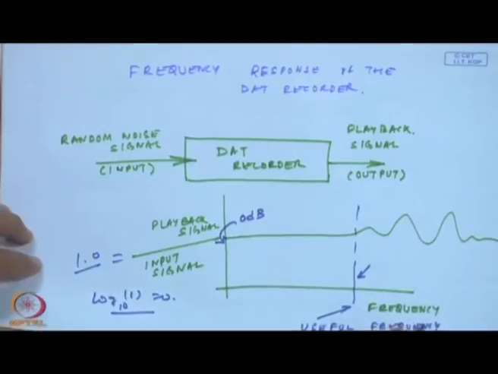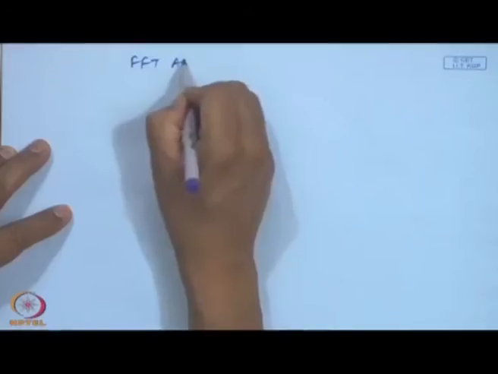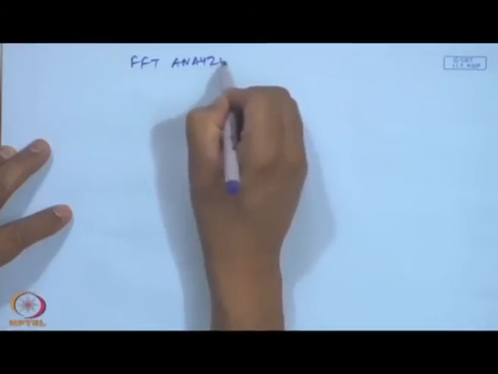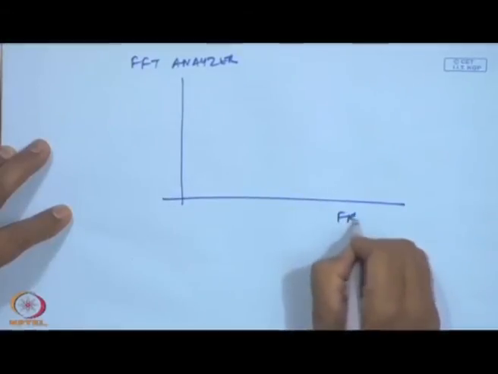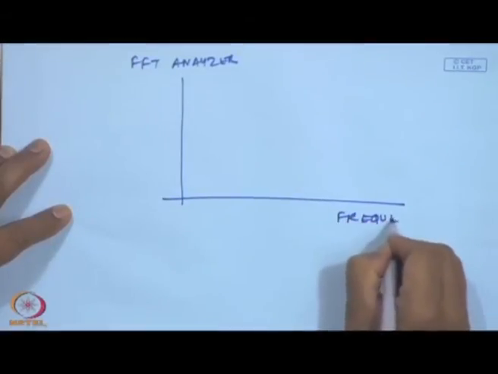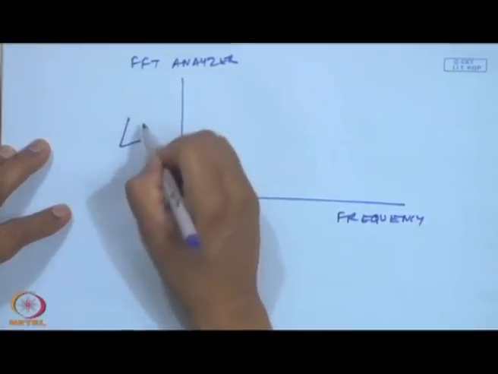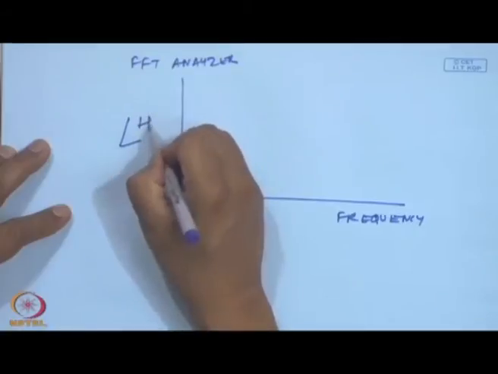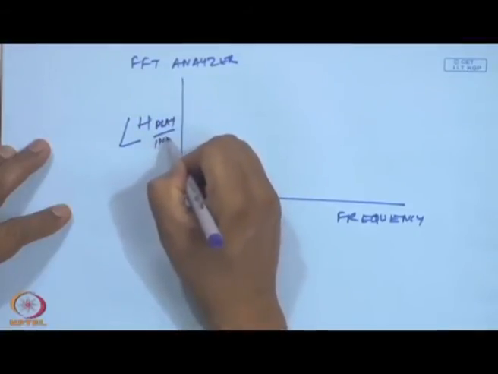A researcher does not always do this check, but it is a good idea to check it out. If you have an FFT analyzer, you can also see the phase response, so the phase of the transfer function between the playback and the input.